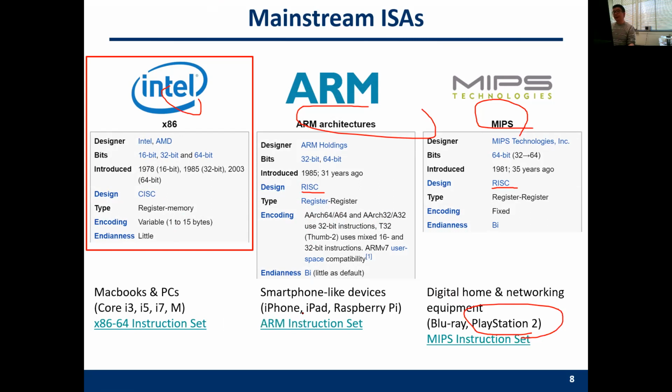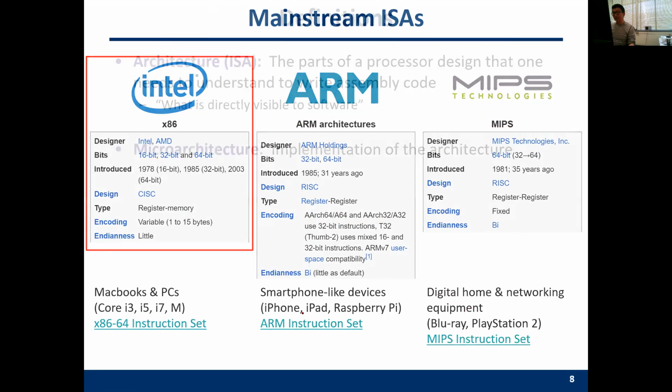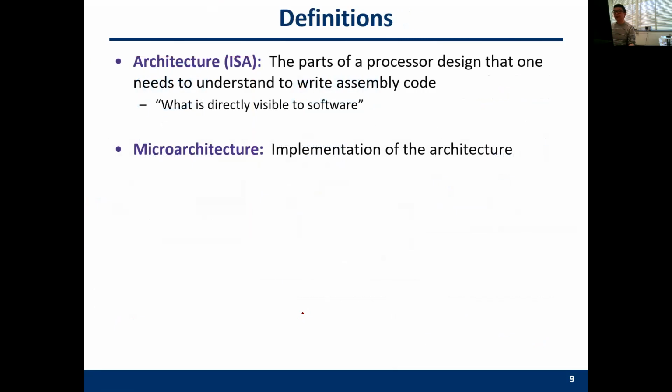Nowadays, people push the ARM CPU to higher level computing platforms like personal laptops. I think the latest Apple laptop is built based on the ARM core. So each company has their own instruction set.